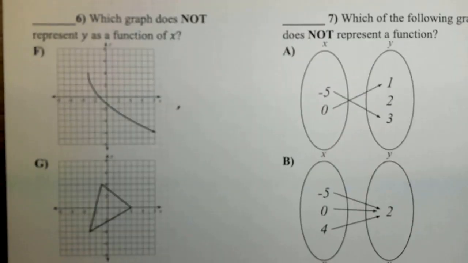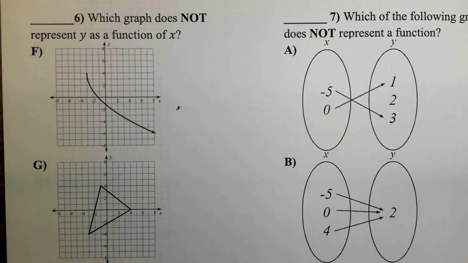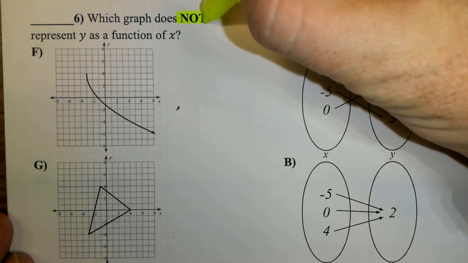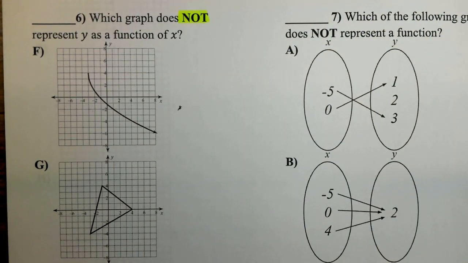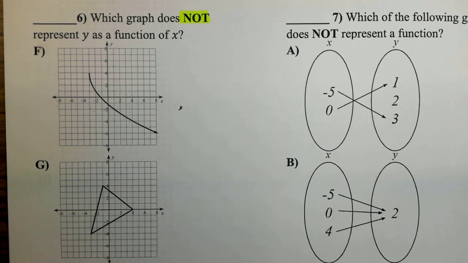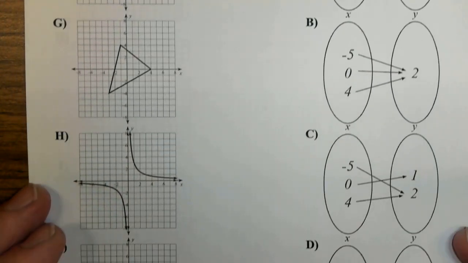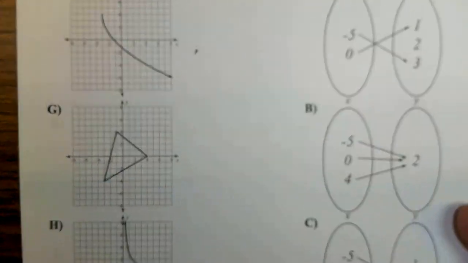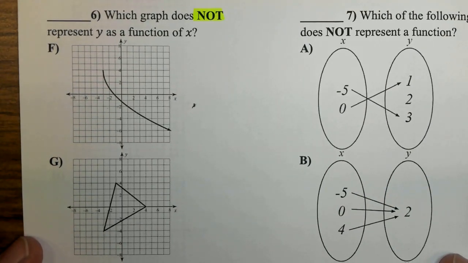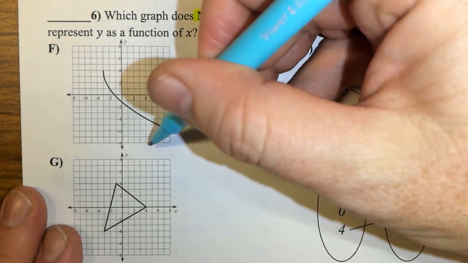Moving on to number 6. Which graph does not, keyword not, represent y as a function of x? Sorry. I was thinking of something else. Okay. So which one is not a function? Well, remember, I have a bunch of graphs right here. There's 4. For graphs, you do the vertical line test, right?